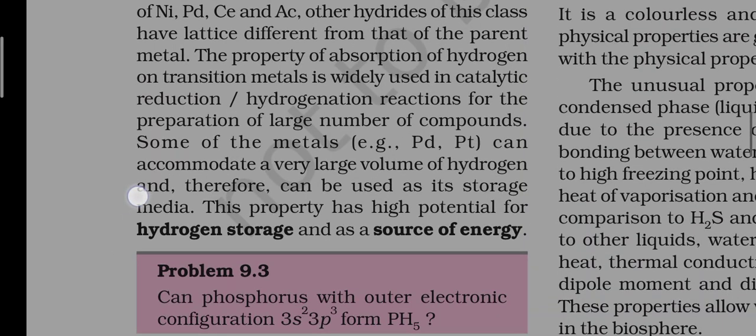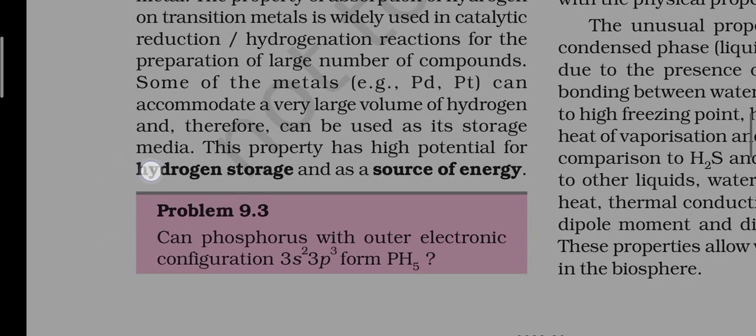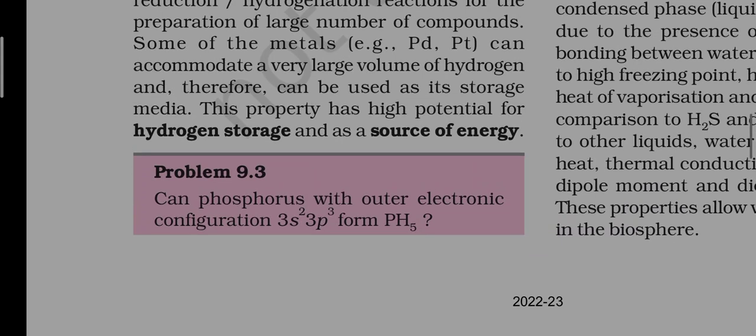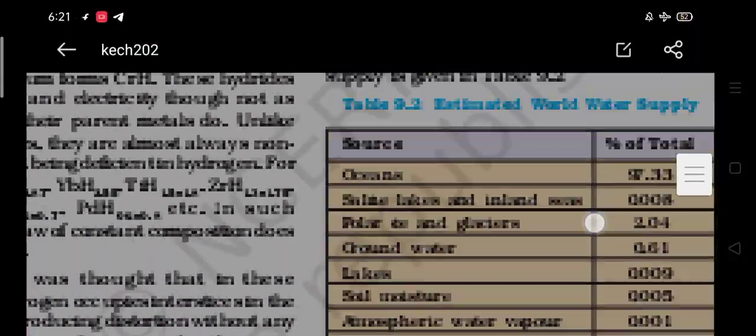The property of absorption of hydrogen on transition metals is widely used in catalytic reduction hydrogenation reactions for the preparation of a large number of compounds. Some of the metals, for example palladium and platinum, can accommodate a very large volume of hydrogen and therefore can be used as its storage media. This property has high potential for hydrogen storage and as a source of energy.